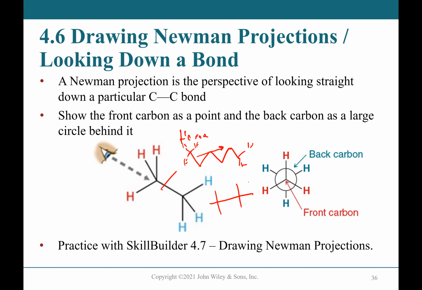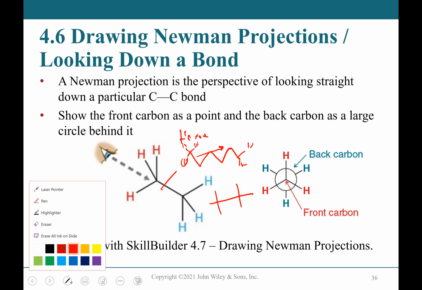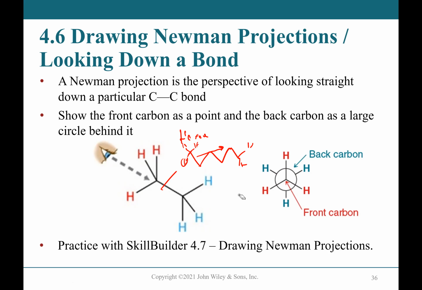So hopefully that makes sense. Actually, I want to draw this really, really well. I'm going to draw a 6 carbon chain, basically the same thing as for ethane, but with 6 carbons: 1, 2, 3, 4, 5, 6.